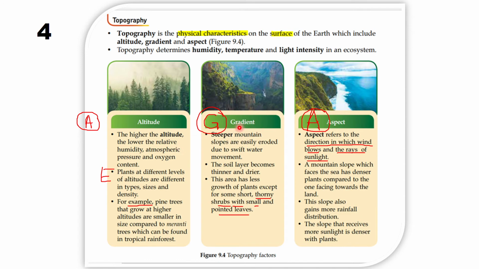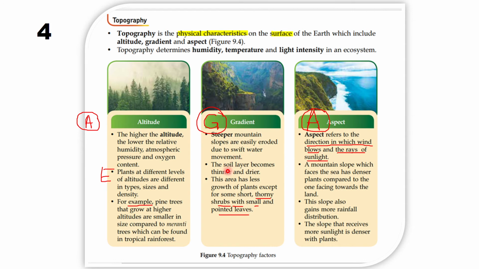Okay, next one is on gradient. Gradient ini merujuk kepada kecerunan. Okay, steeper mountain, kalau gunung itu sangat curam. Okay, the steeper mountain slopes, they are easily eroded. Berlaku hakisan due to swift water movement.